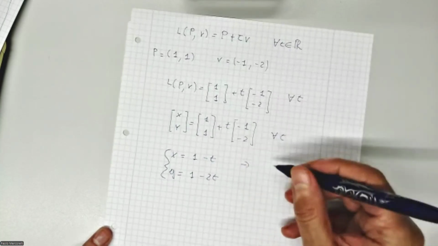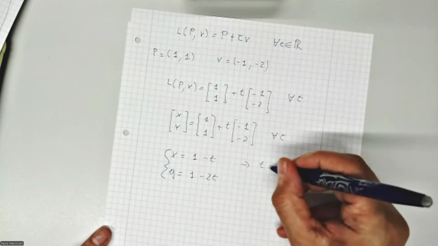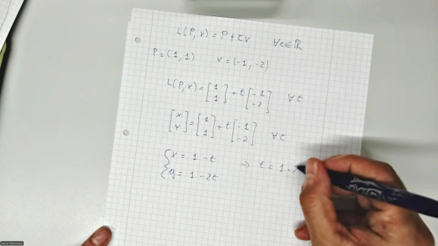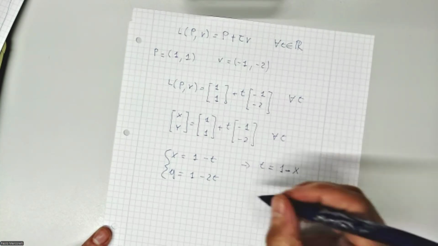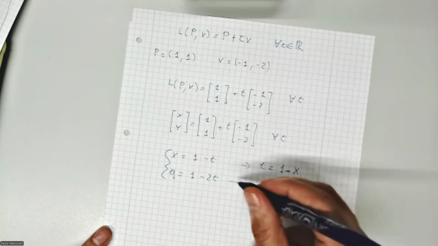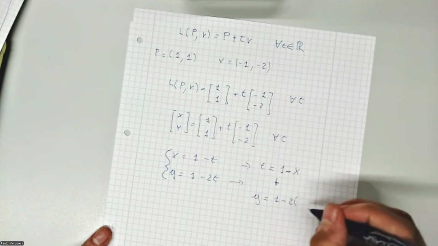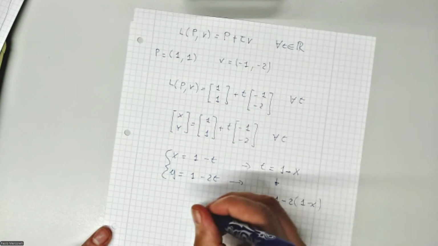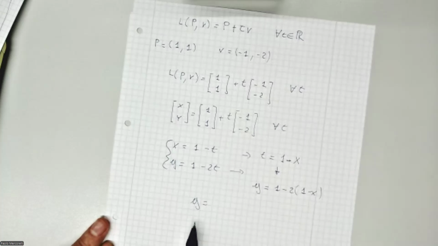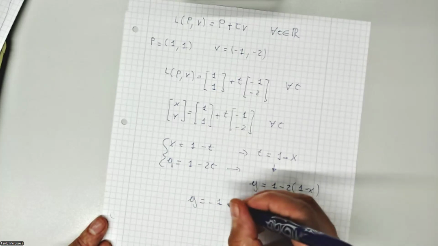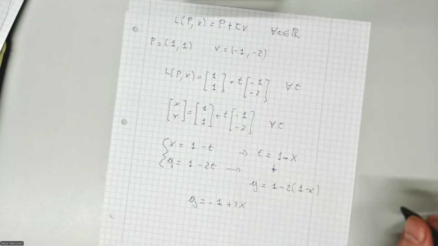Look, from here I can write t equals 1 minus x. Did you agree? Combining with the second expression, I have y equals -1 plus 2x. I hope no mistakes. I made many mistakes.